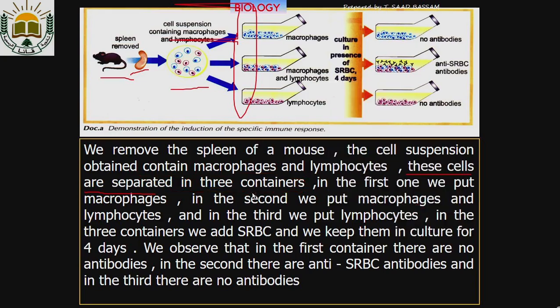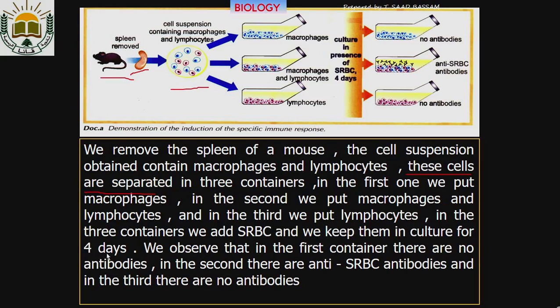Then what? In the first one we put macrophages. In the second we put macrophages and lymphocytes. And in the third we put lymphocytes. In the 3 containers we add SRBC and we keep them in culture for how many days?